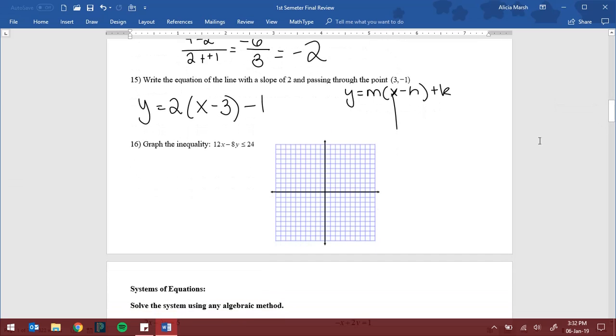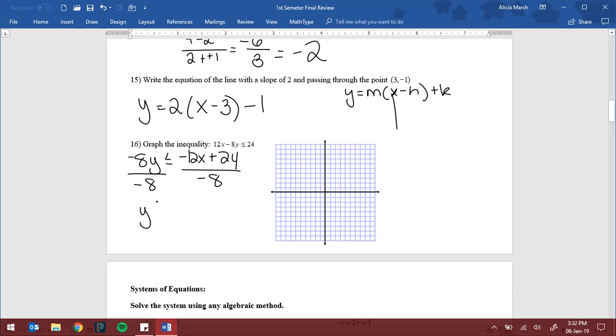Last problem of this particular video. So I got to graph this inequality. So first thing I'm going to do is I've solved for y. I'm going to have -8y is less than or equal to -12x plus 24. Divide by -8. Oh, I divided by a negative, right?